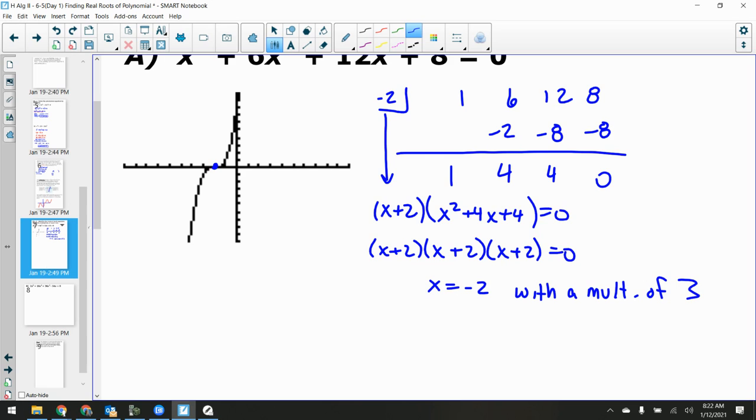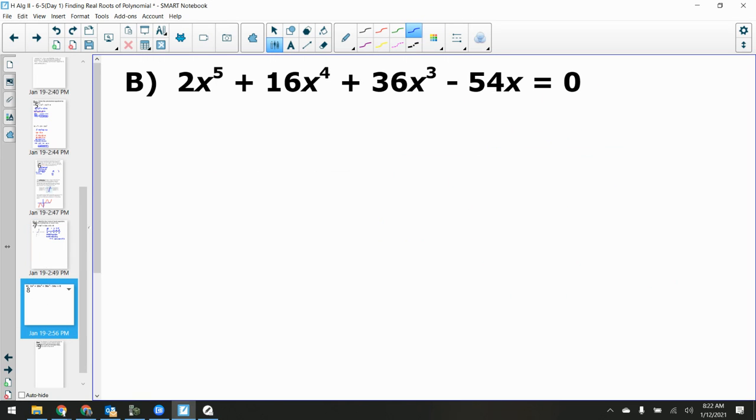Let's do one more of those. All right, I got 2x to the 5th plus 16x to the 4th plus 36x to the 3rd minus 54x. First thing that I'm going to do is try to factor it.